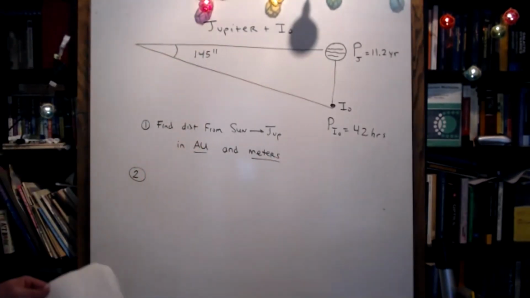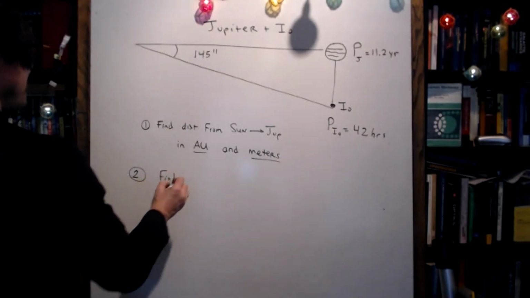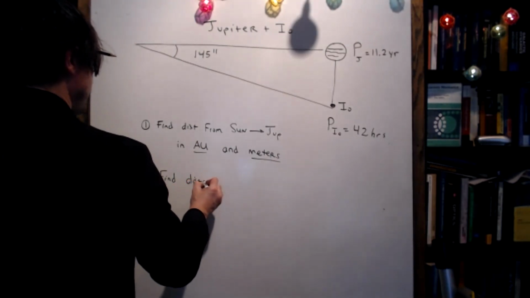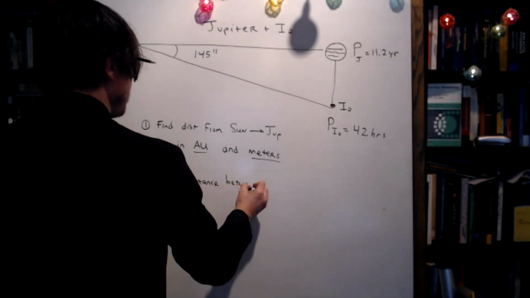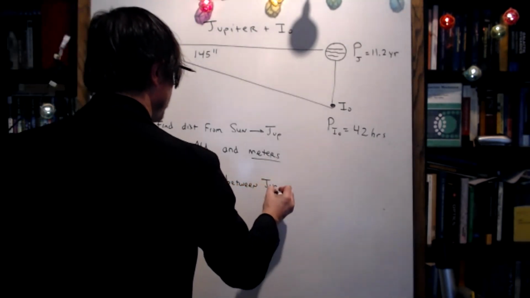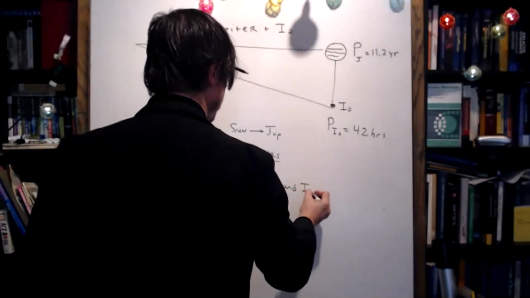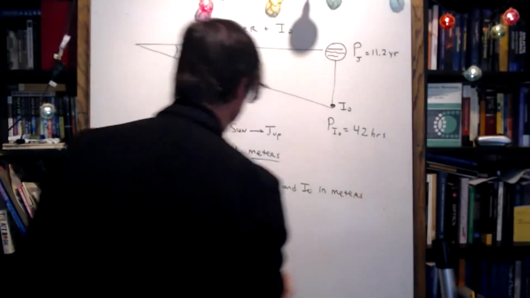Two, find the distance between Jupiter and Io in meters.